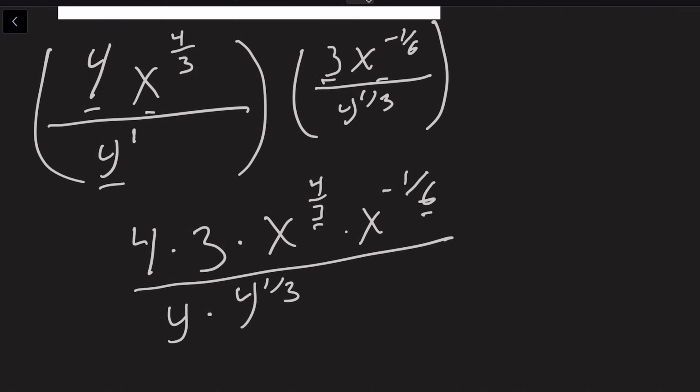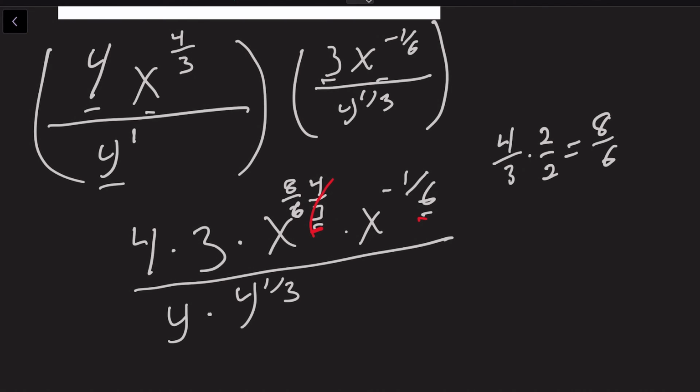Our x's have different denominators, so I'm going to change the exponents on our x's so we have the same denominators. 4/3 times 2 over 2 is going to give me 8/6. So I'm going to rewrite it as 8/6.